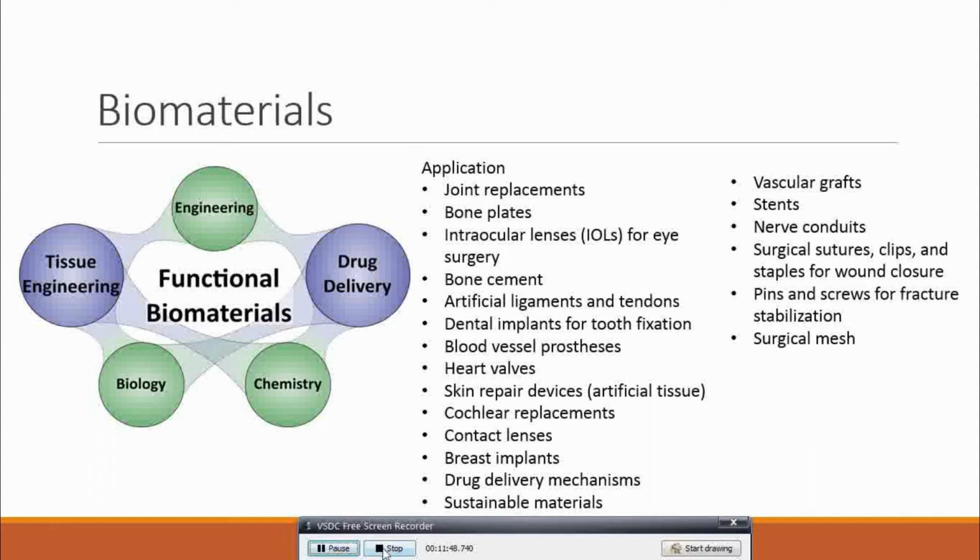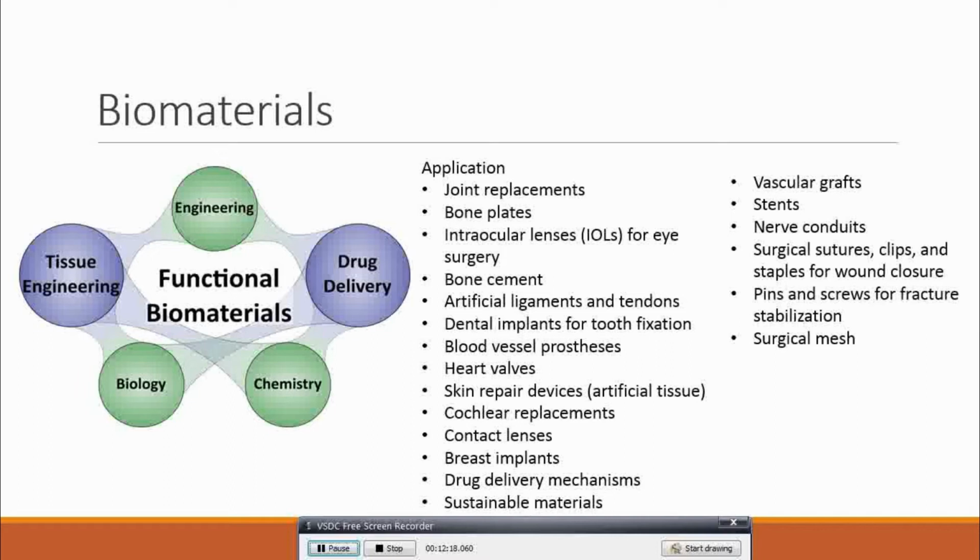And then there are also breast implants, drug delivery mechanisms, sustainable materials, the materials that can be used again and again, or what kind of material is suitable for the biomaterial properties. Vascular grafts, stents, which are for people who have heart problems, a blockage in the blood vessels, so they'll put in these stents.